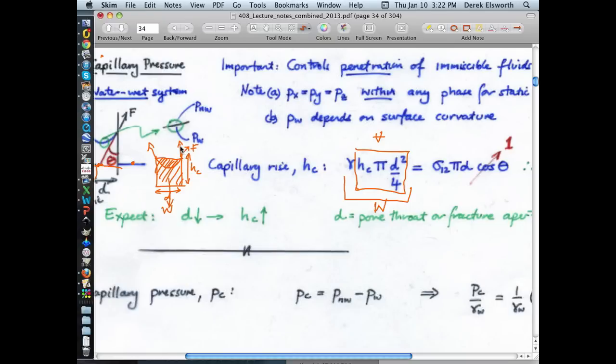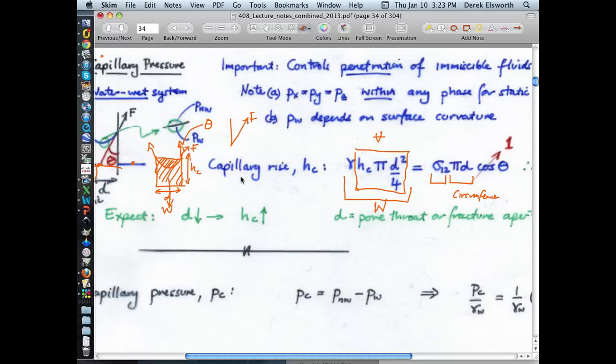And so if this angle here is theta, then again, just from a free body diagram, this is the force which is due to the interfacial tension, which is going to be this times the length. This is the circumference of this.